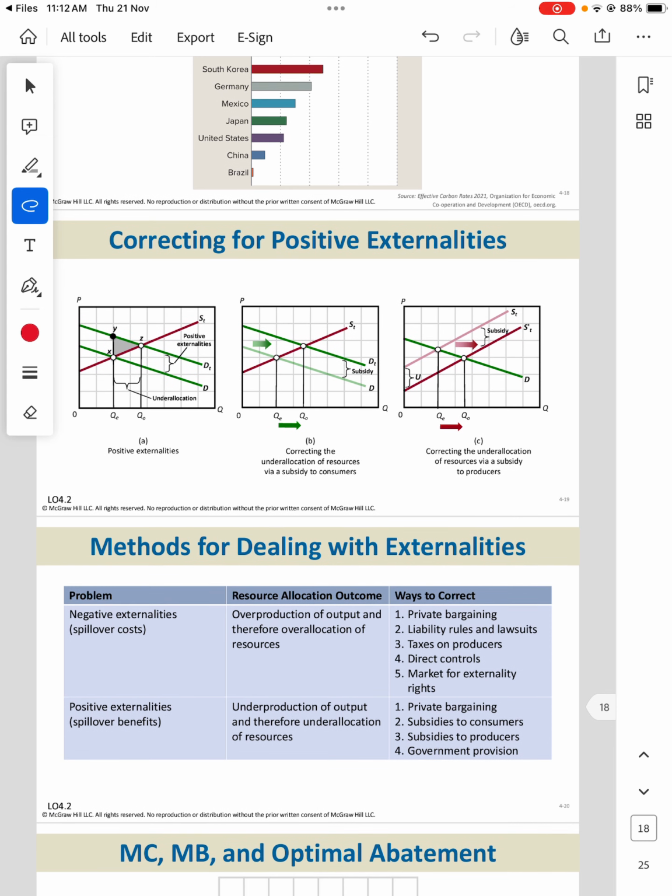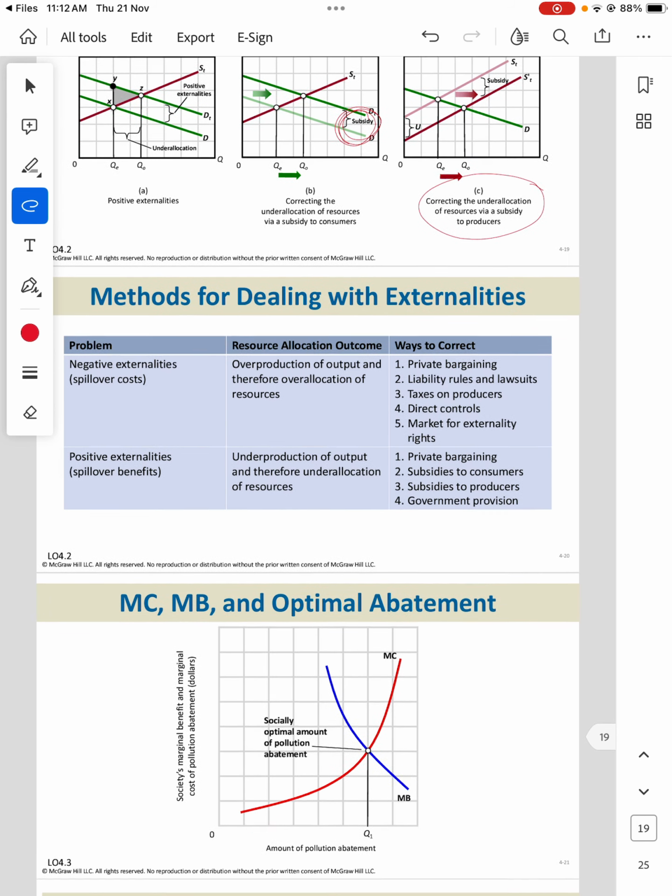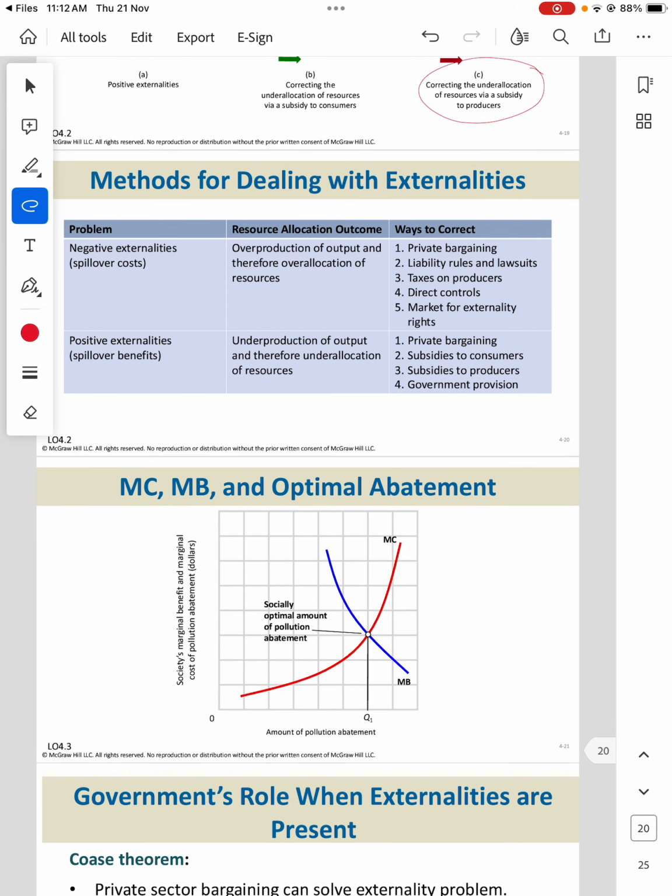And correcting positive externalities by introducing the subsidy: the demand will change to the right. So it corrects the underallocation of resources via subsidy to the producer. This is a very important point to remember.